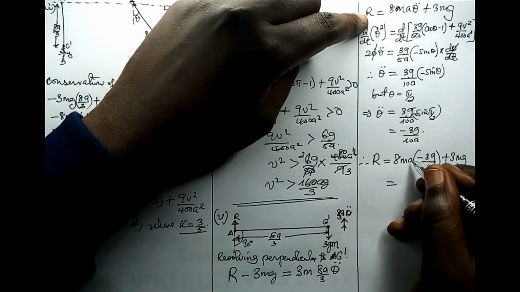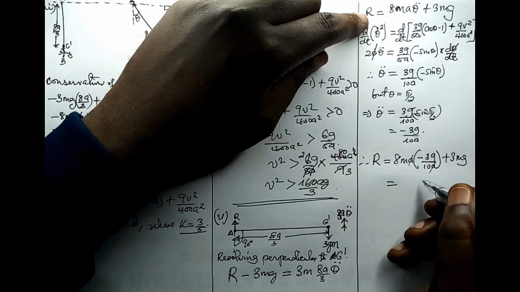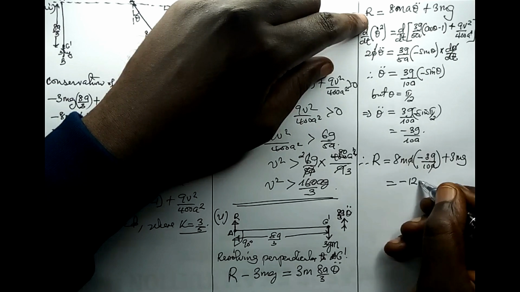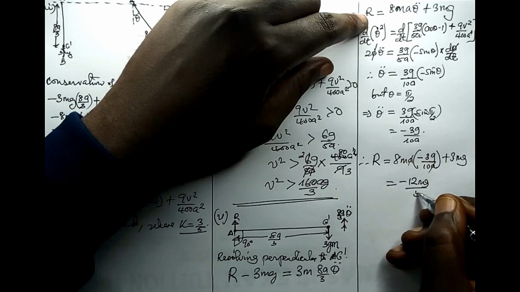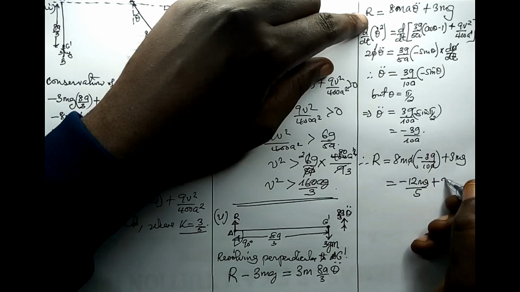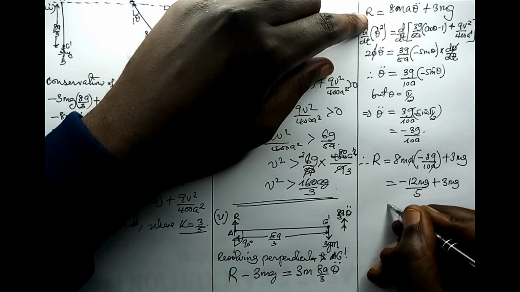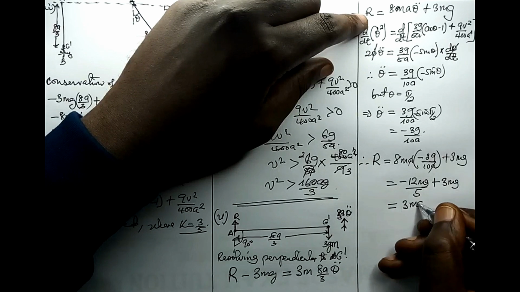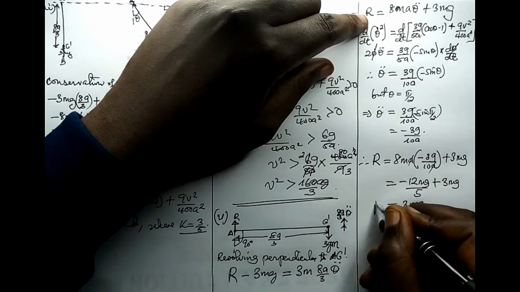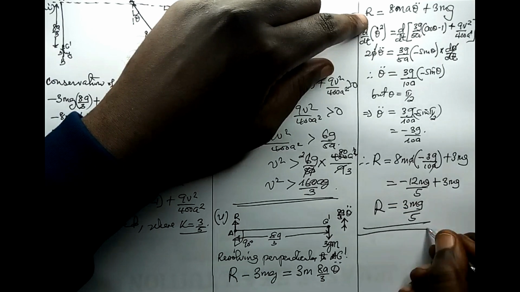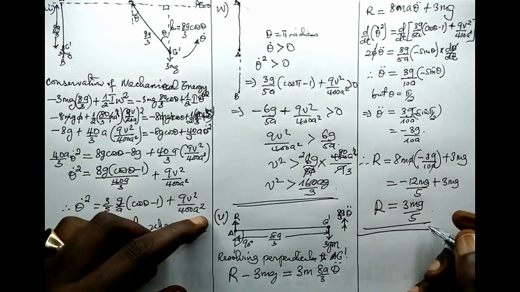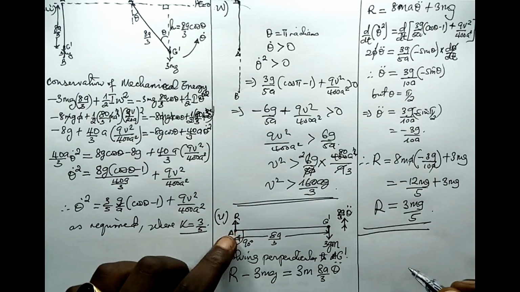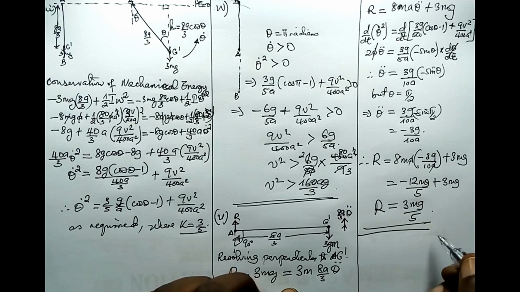That a cancels a, and we are left with the simplification, which is negative 12 mg all over 5 plus 3mg. 5 times, that's 15 minus 12, 3mg all over 5. And that is the component of reaction that's pointing vertically upwards as the question specified in terms of m and g.